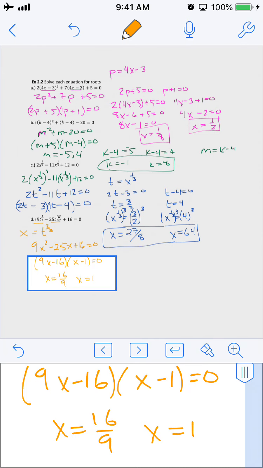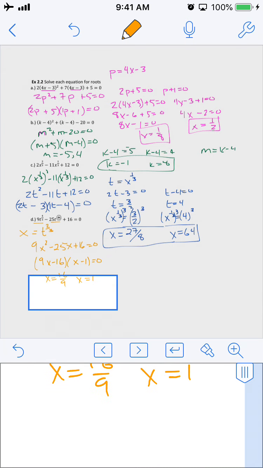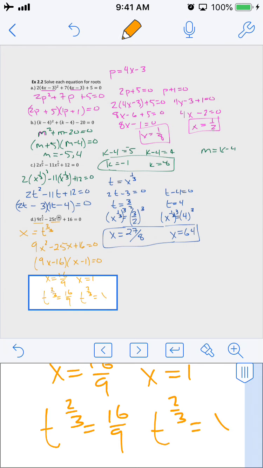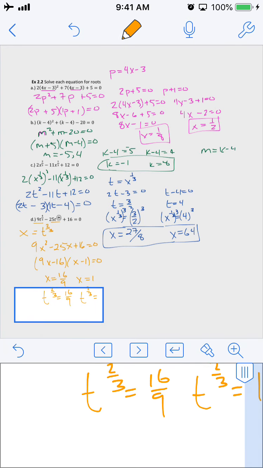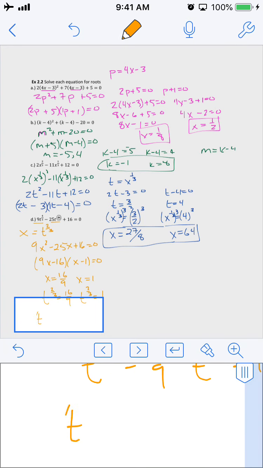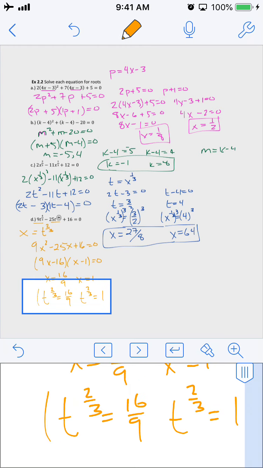Cool. Okay, but we're not really concerned with x. So t to the 2/3 equals 16 over 9. T to the 2/3 equals 1. Start with this one now. To the 2/3 means I want to raise this to the 3/2, so that those will all cancel to 1.